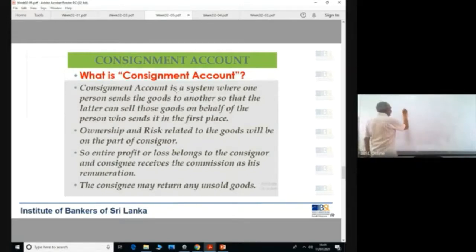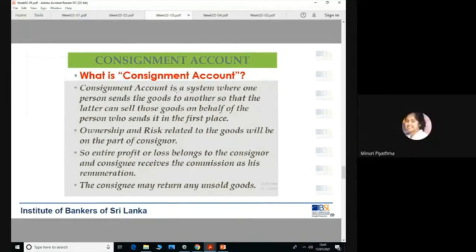Consignor is the seller. Consignee is the buyer. Is it clear? Yes, sir, thank you.